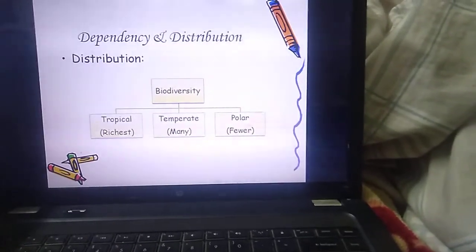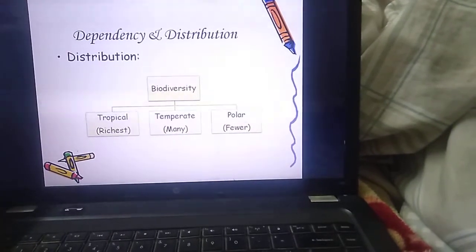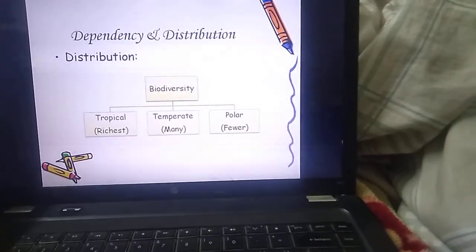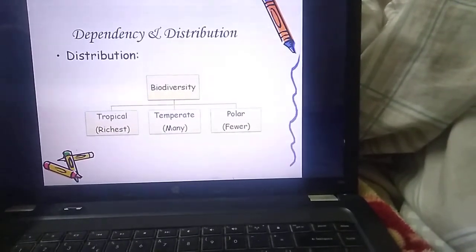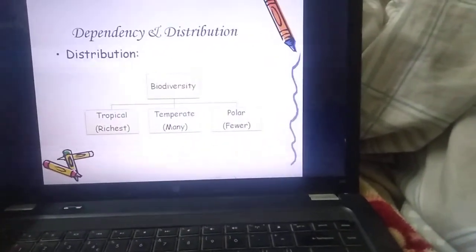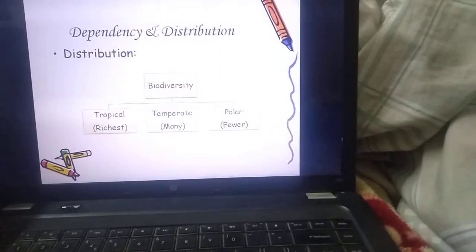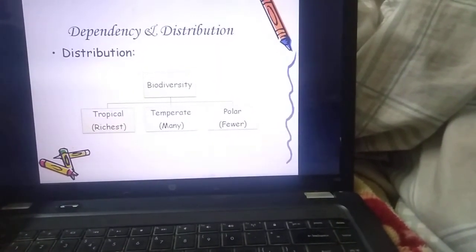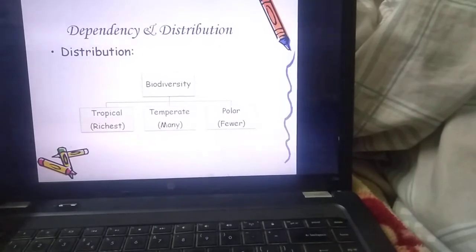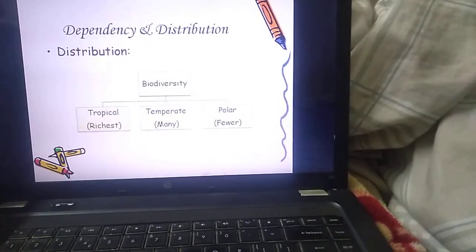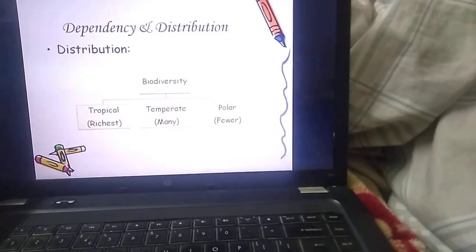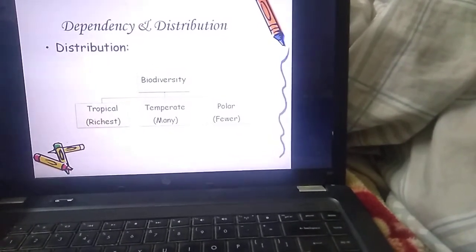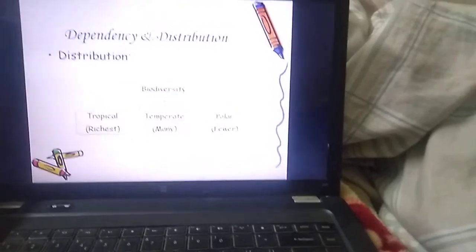In temperate region many species occur, and in polar regions fewer species are present. Biodiversity found on Earth today is the result of 4 billion years of evolution. All life consisted of bacteria and simple unicellular organisms.